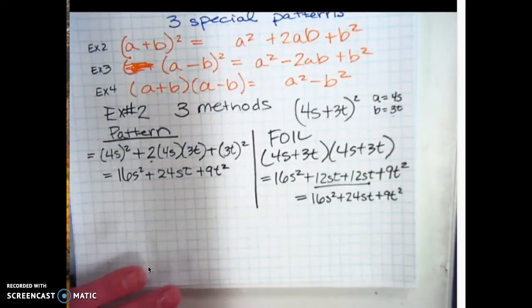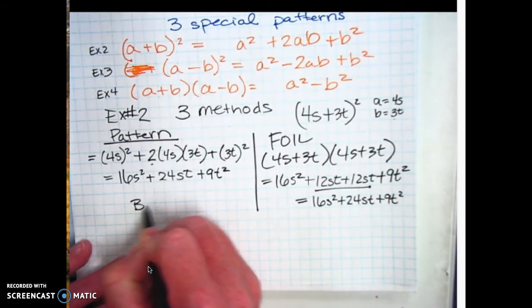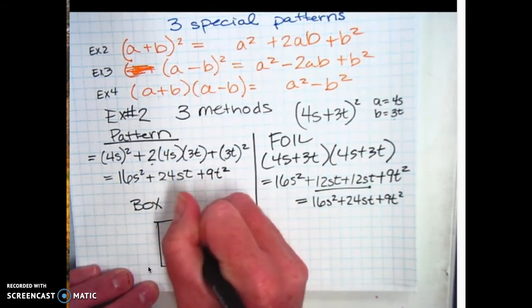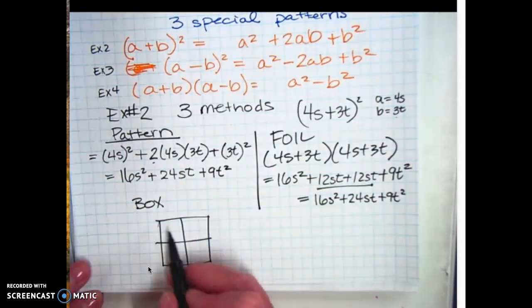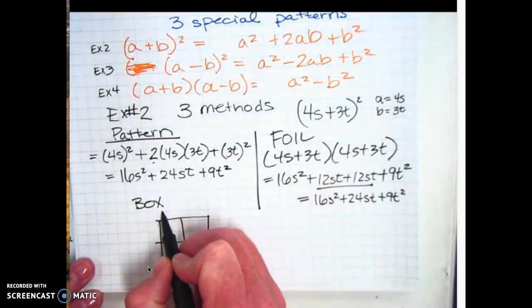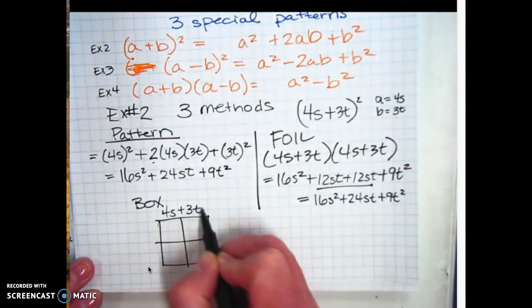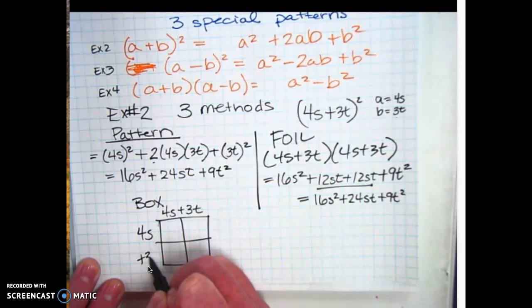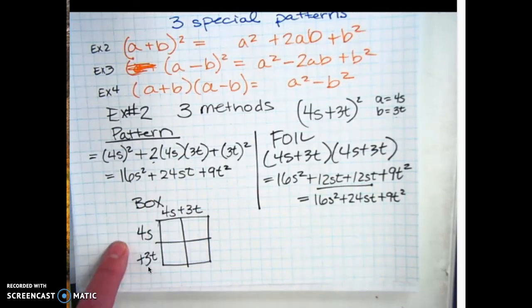Guess what? I'm going to show you one more method, and it's going to have the same answer. So this is the box method. So you're going to draw a box. You're going to divide it into 4 boxes, and across the top, you're going to write the 4s plus 3t, and along the left-hand side, you're going to write the 4s plus 3t, and then in each of the boxes, you're going to multiply what's above it and what's to the left.